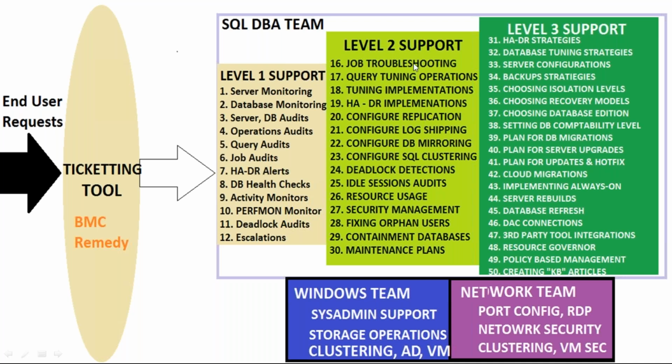They are involved in troubleshooting, tuning, high availability, disaster recovery, replication, monitoring, and something called log management, security management, maintenance and other things. Sometimes even they cannot handle the situation which is expected by the customer, or they may not be able to meet the desired expectations of the customer.